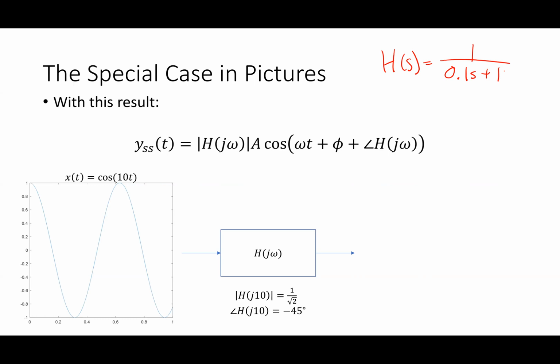That's my transfer function right there. Somehow I picked my RC values, so I got that particular H of s. I want to use this concept, and I'm doing it in a circuit that looks like this, where I've got V of s, I've got R, I've got C.